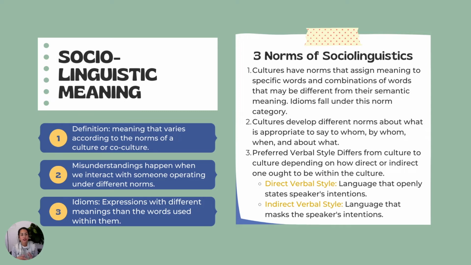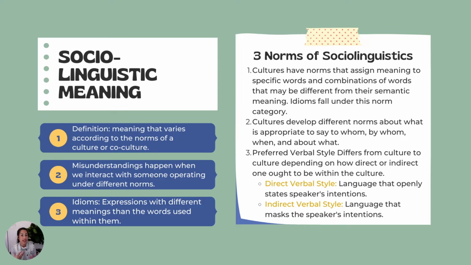So you have semantics, which is the meaning of a word, the actual word itself, looking at the arbitrary meanings of the word. Then you have pragmatics, which has to do with what the person is really saying with the words they use. And then sociolinguistics has to do with how we come up with those meanings.